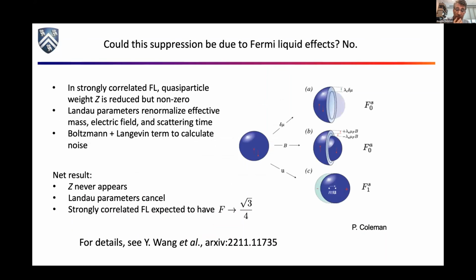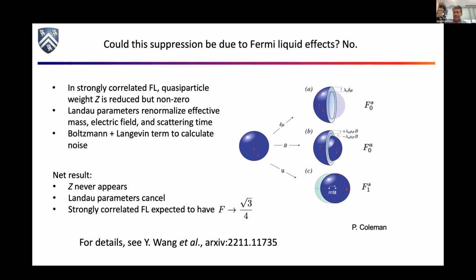So another possibility, could the suppression be due to Fermi liquid effects, right? And Chi-Miao just talked about this in the previous talk. Yiming and collaborators have really worked this out. It's a little surprising that this wasn't figured out a long time ago.